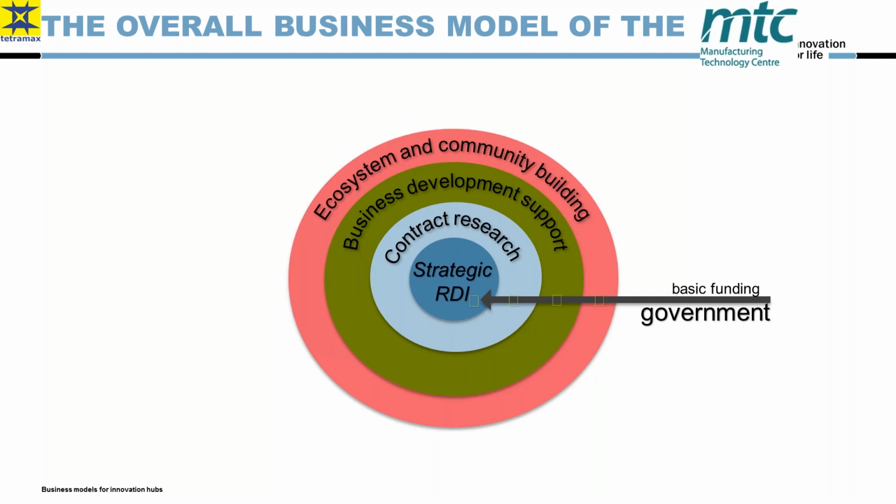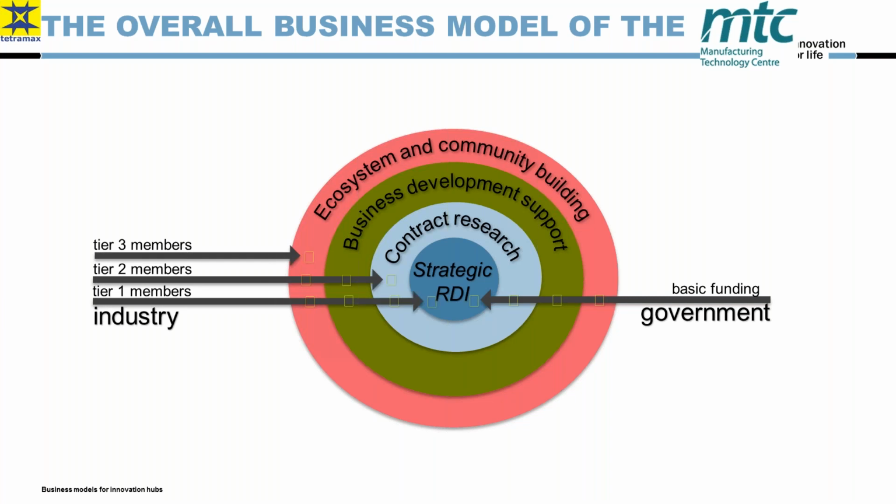And what you can see here is why these activities would be paid. This is about government paying for those different layers, and industry, of course, funding or financing these kinds of activities.